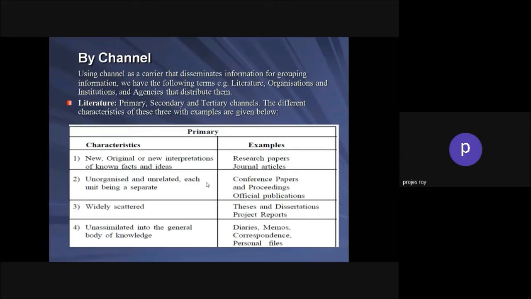Examples are research papers, journal articles, unorganized and unrelated, each unit being separate, conference papers and proceedings, official publications, widely scattered, theses and dissertations, project reports, unassimilated into the general body of knowledge, diaries, memos, correspondence, personal files. So these examples are the primary sources, and these are the characteristics of the primary sources of information.